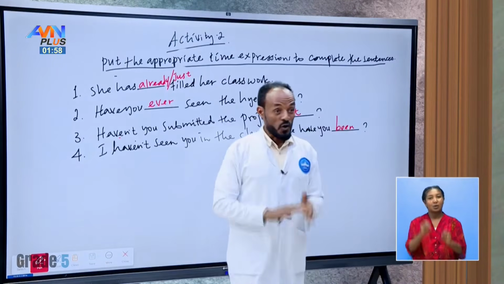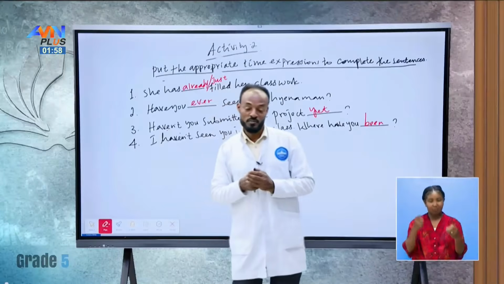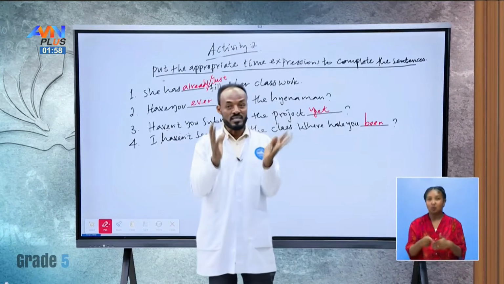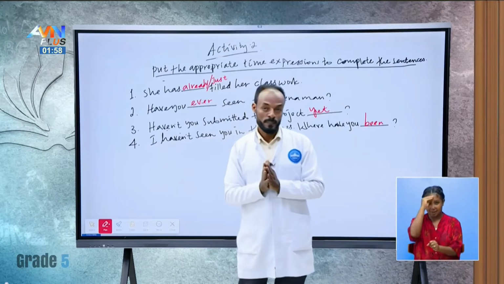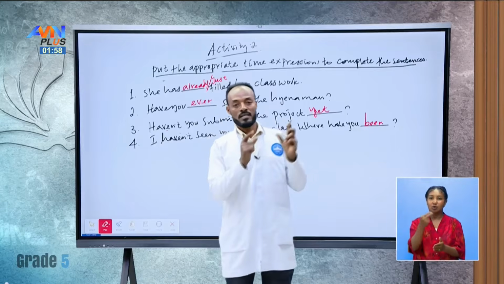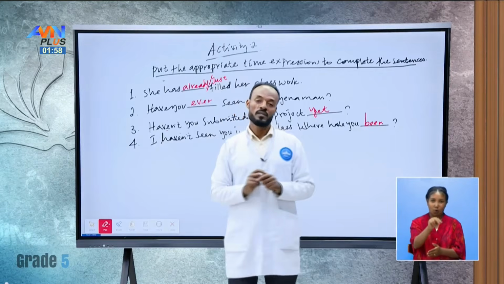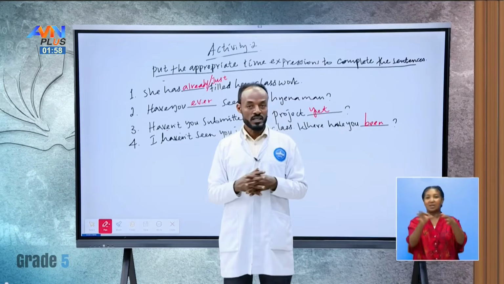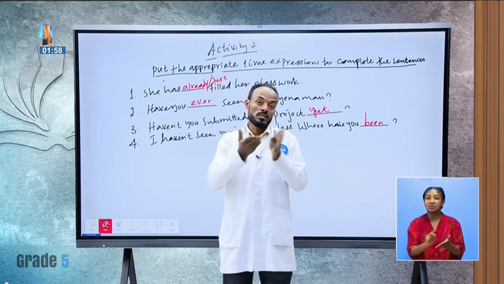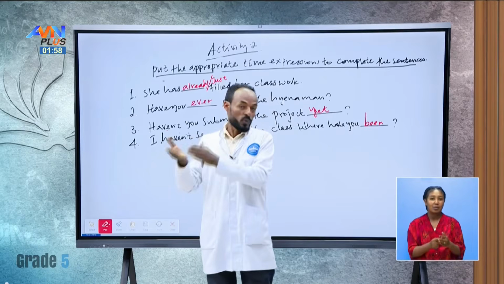Okay, students, I hope it's clear. Bravo, bravo. That's all about today's lesson. So let's summarize what we have talked about. Today we have talked about WH questions, yes or no questions, and time expressions in present perfect tense. When we say WH question, we mean a question which starts with WH.